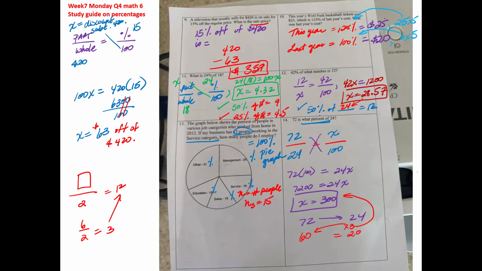15 people accounts for 16%, right? All right, well then, so then others, this one will be 0.31.